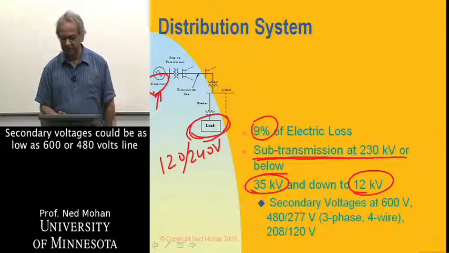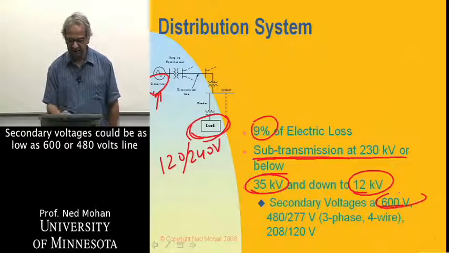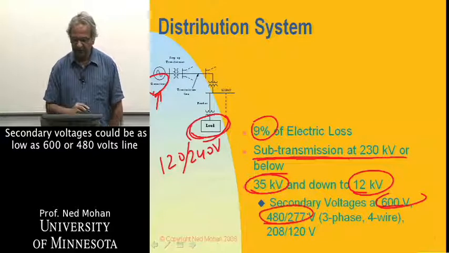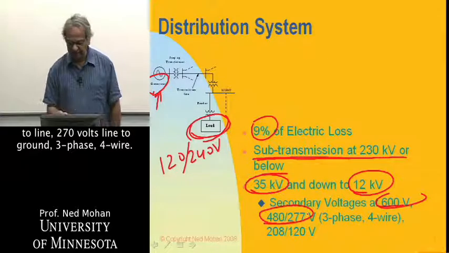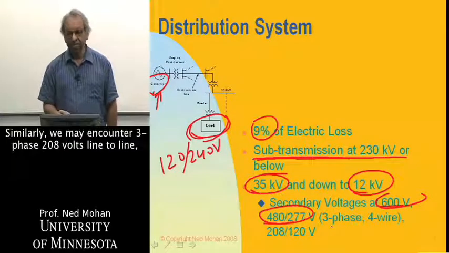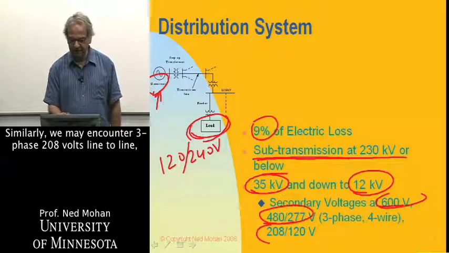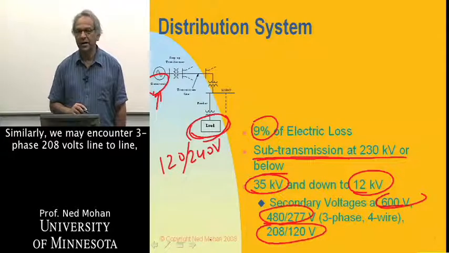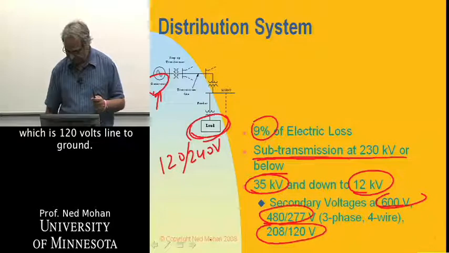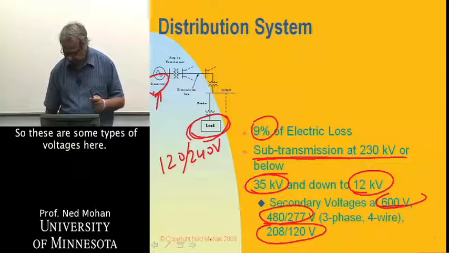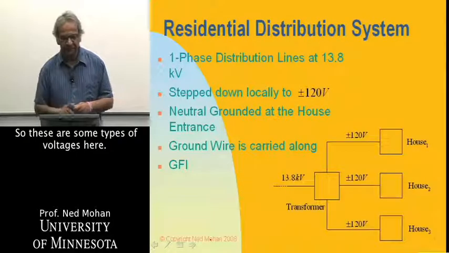Secondary voltages could be as low as 600 or 480 volts line to line, 270 volts line to ground, 3-phase 4-wire. Similarly, we may encounter 3-phase 208 volt line to line, which is 120 volts line to ground. So these are some types of voltages here.